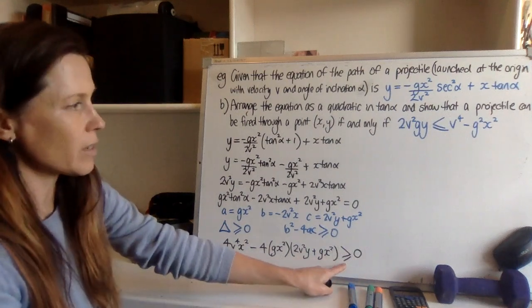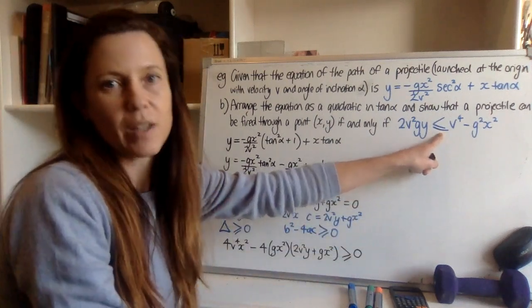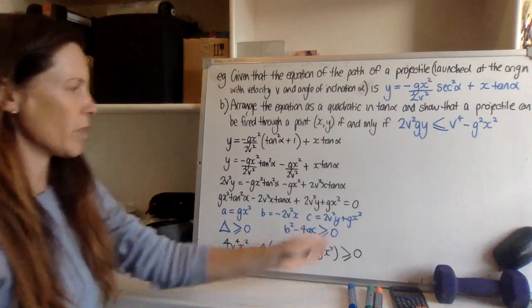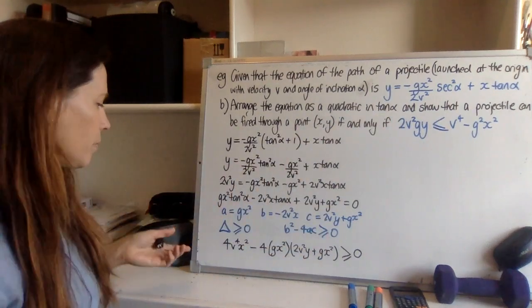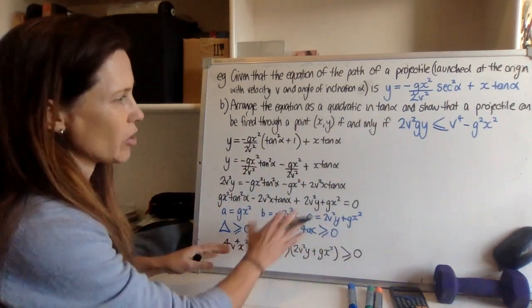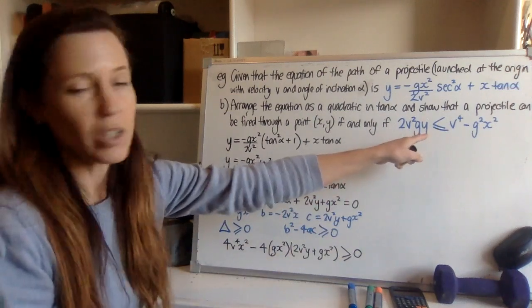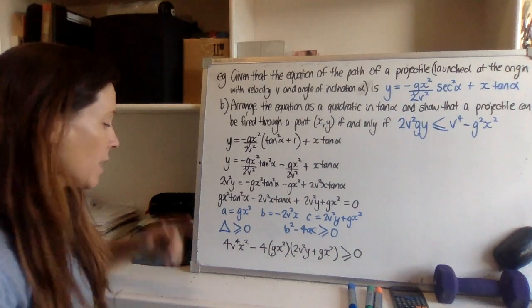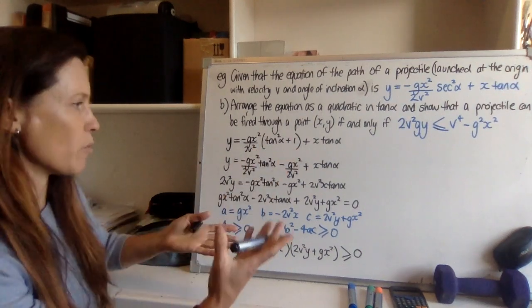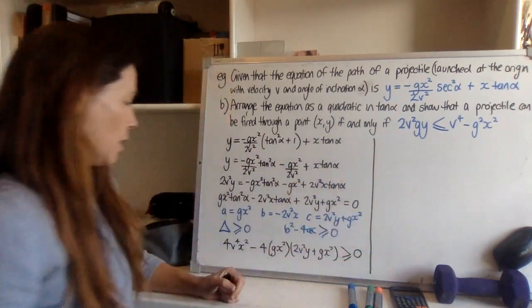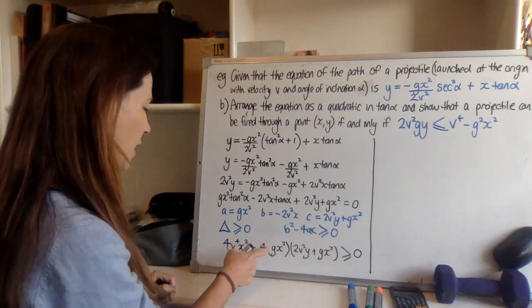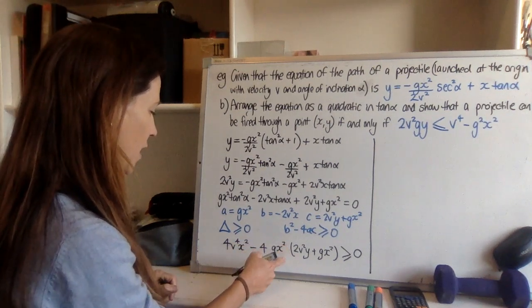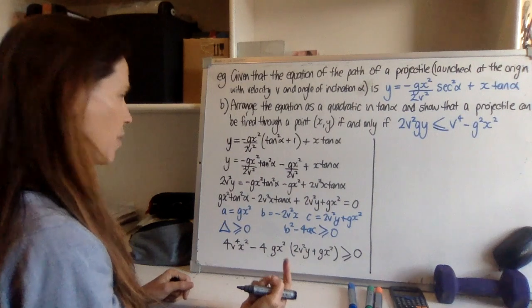And including that sign is handy because I can see my finish line and it's got that sign in it. So keep looking at that for clues. All right, I need some terms on each side, and clearly my finish line doesn't have brackets. My line does have brackets, so the obvious next step is to tidy up and expand brackets and then just move things around a little bit. So it'd probably be easier if I actually just take the brackets off that part because I need to expand both terms.